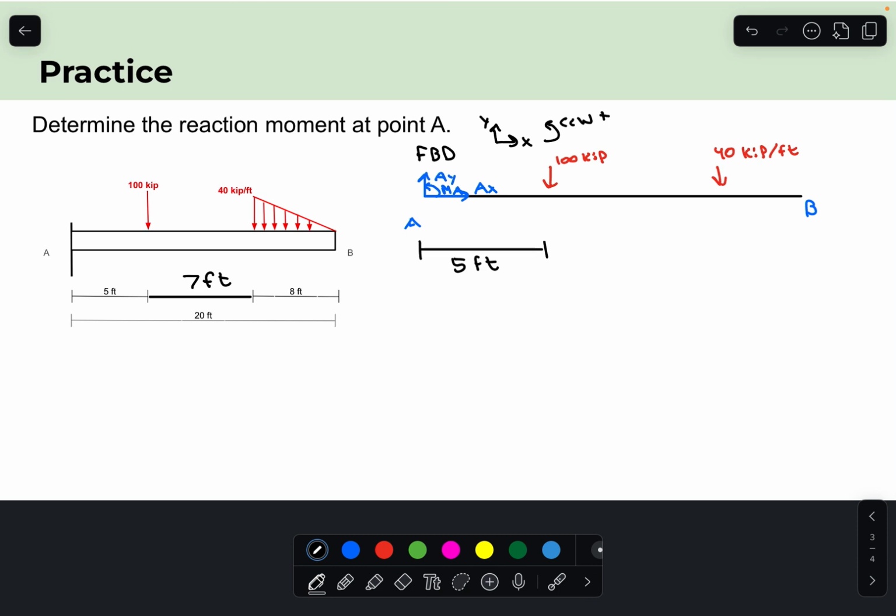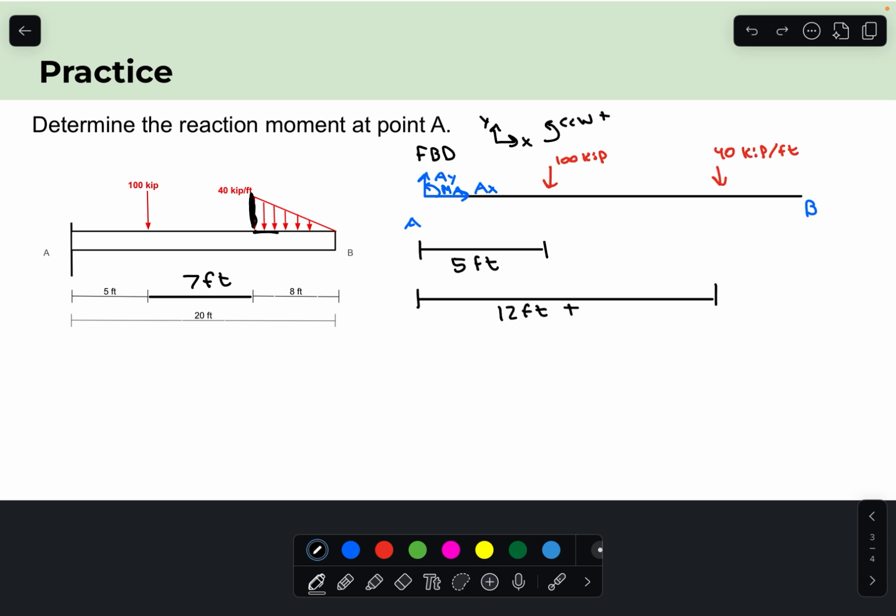So that means that from point A to this force is going to be 12 feet plus some amount. That some amount is going to be, well, how far from the left-hand side of this triangle here do we have to go in order to find the equivalent point force?